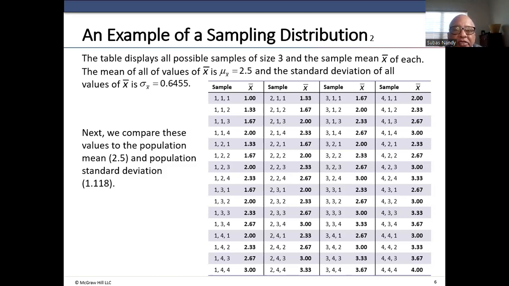If you add all the 64 values of X bar, the numbers in bold, and divide by 64, you will get the mean of all the sample means as 2.5, which is equal to the population mean.